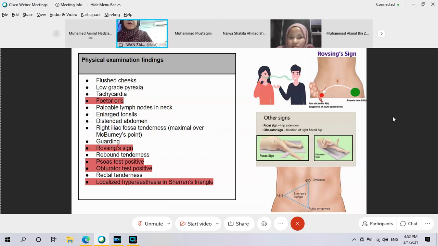And then, what about rebound tenderness? What does rebound tenderness mean?